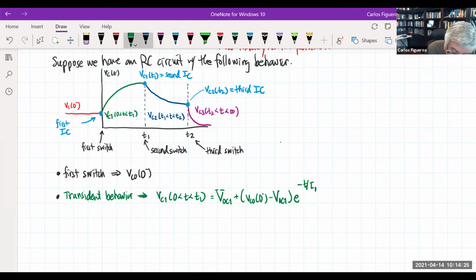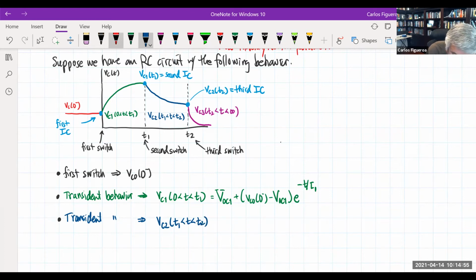Now the switch gets thrown. Okay. So what I need from this interval is that I still have a transient behavior. But this time, check this out. I need VC of 2. And this guy is not at the origin. The solutions that we had before start at the origin.